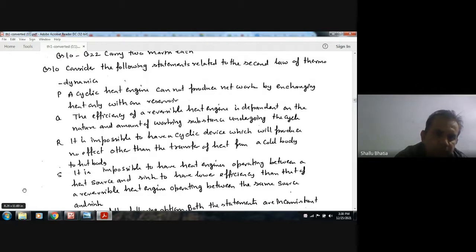Q: The efficiency of a reversible heat engine is dependent on the nature and amount of the working substance undergoing the cycle. R: It is impossible to have a cyclic device which will produce no effect other than the transfer of heat from a cold body to a hot body.